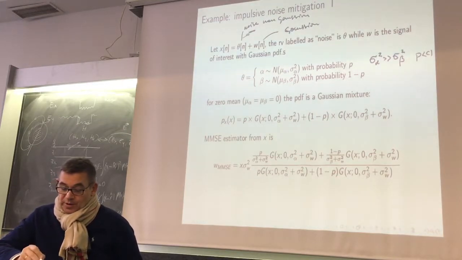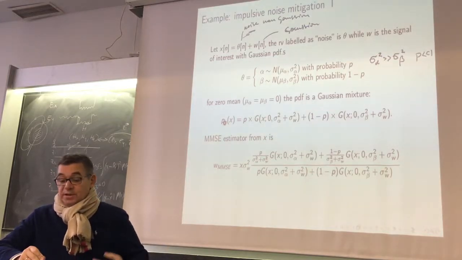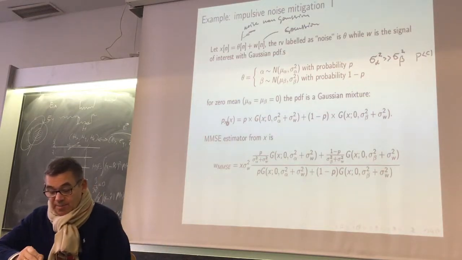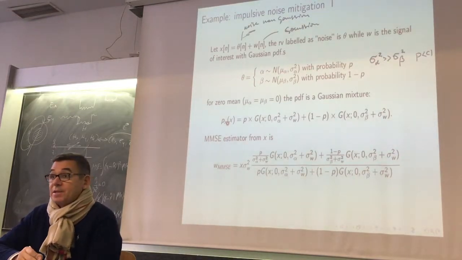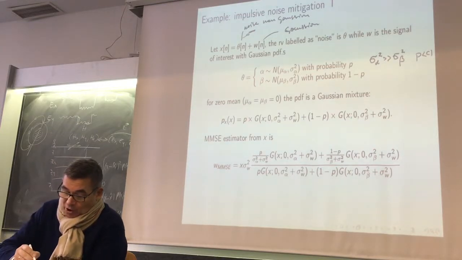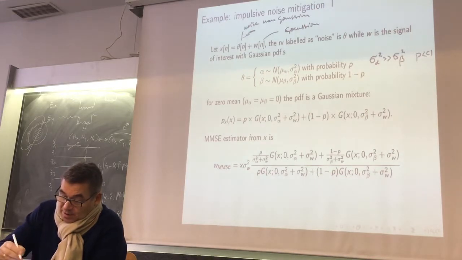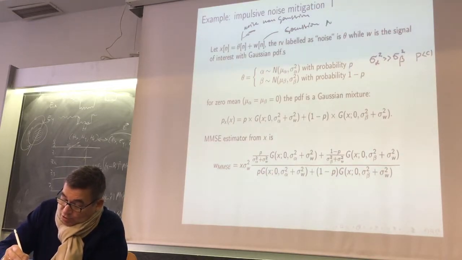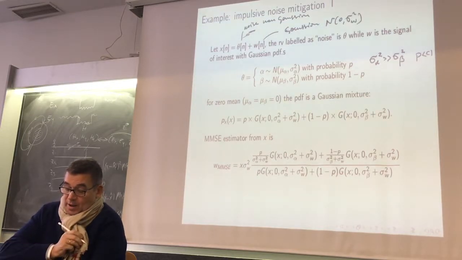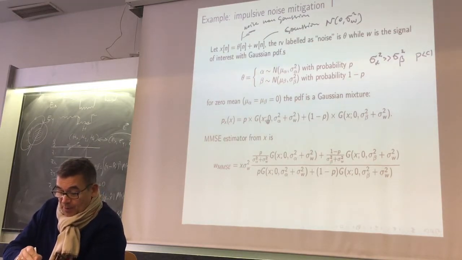So the probability of x, which is defining the metric to compute the MMSE estimator, is simply the compound of a Gaussian noise. Remember, Gaussian noise has variance sigma squared w, so it is normal with zero mean and variance sigma squared w. And so the probability is p times the probability when there is alpha and noise.